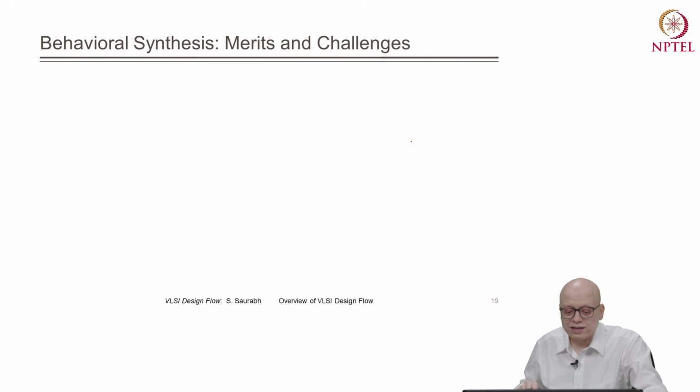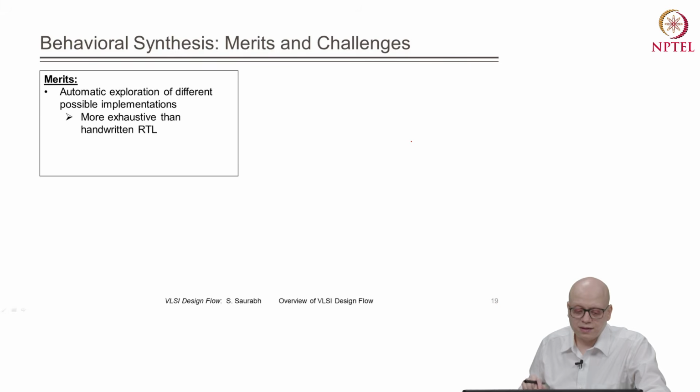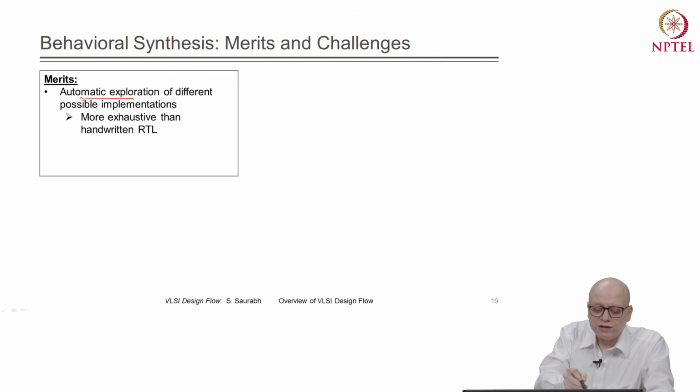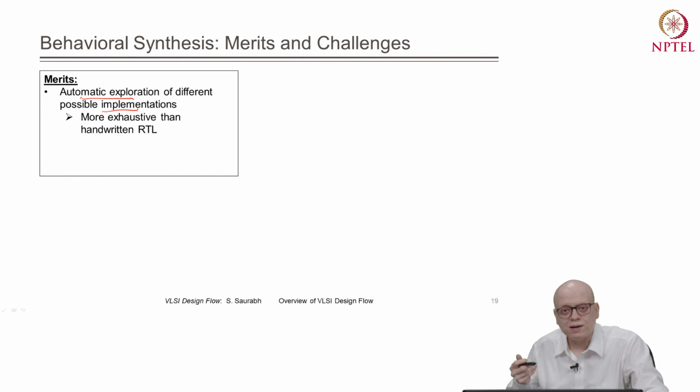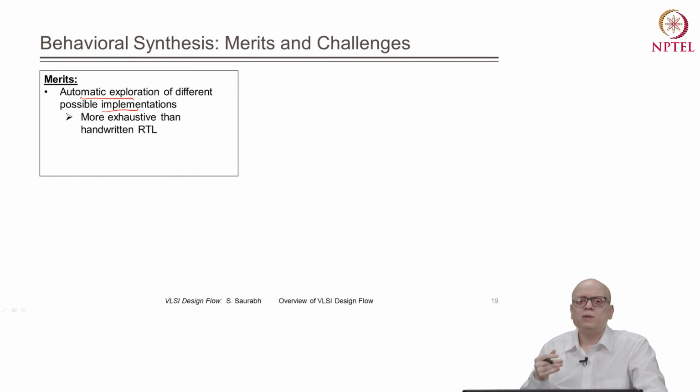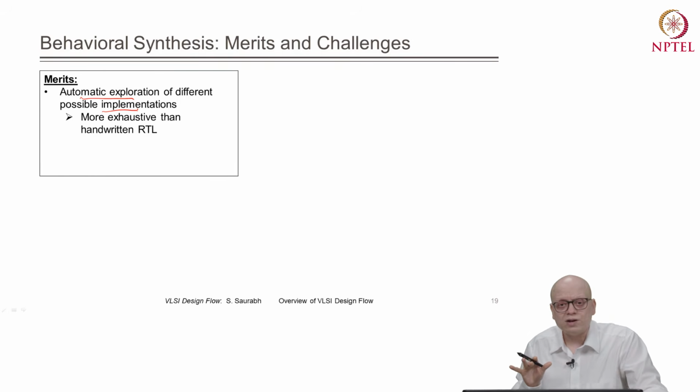Now what are the merits of behavior synthesis? The merit is that it allows automatic exploration of different possible implementations. For example, for a human designer, it may not be that easy to think of all three implementations. At least the third implementation was a bit non-trivial, and therefore that kind of implementation is difficult for a human to come up with.